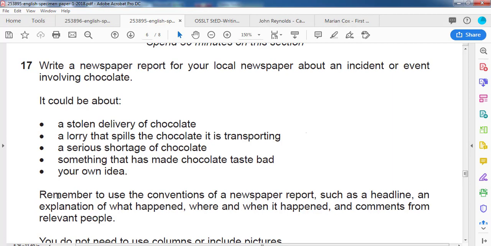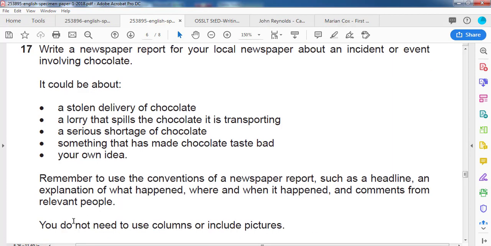Now, the important key is the following. Remember to use the conventions, the features of the newspaper report, such as the headline, number one; an explanation of what happened, the lead paragraph, number two; the what, where, when it happened; comments or quotations from relevant people, a witness who was there.